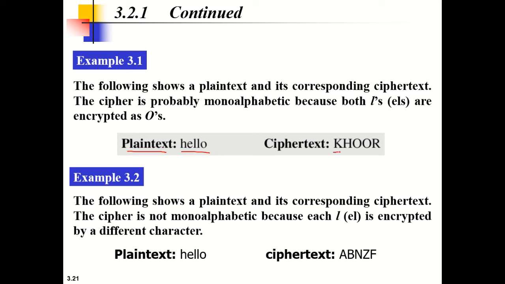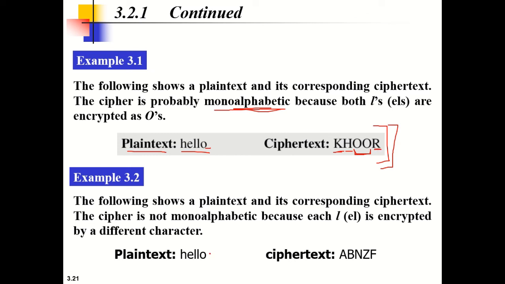Here H is being replaced by K, E is being replaced by H. Now here you can see both L are being replaced by O. So by looking at this message, we can say that we have got this ciphertext by using the mono-alphabetic method. And again, this O is being replaced by R.